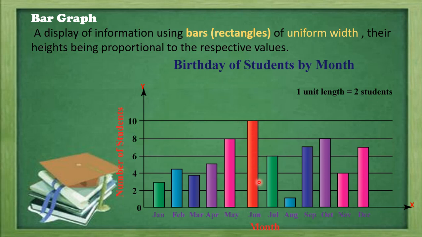Again, if we talk about the very least number of students here, the rectangle whose height is least is in August. So how many students fall in this month? Only one. So we can say in August only one student has the birthday.